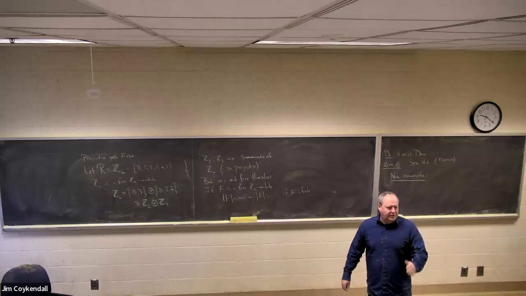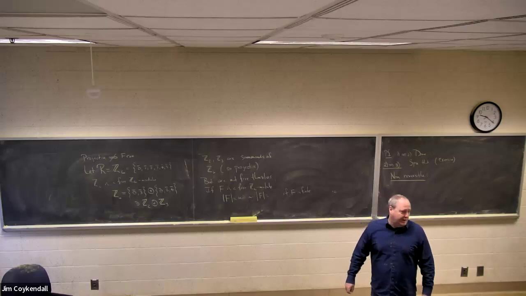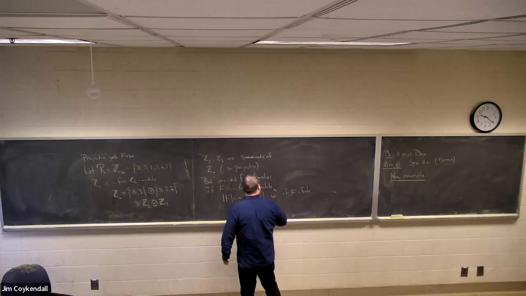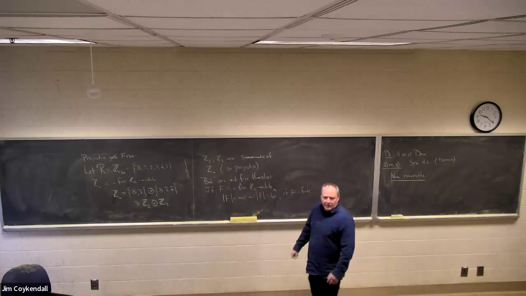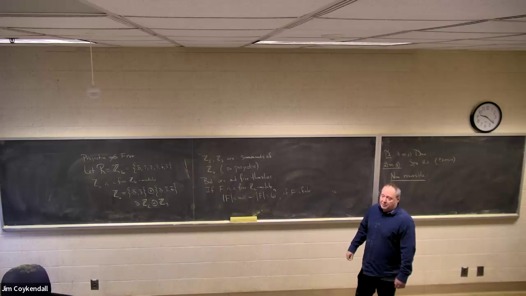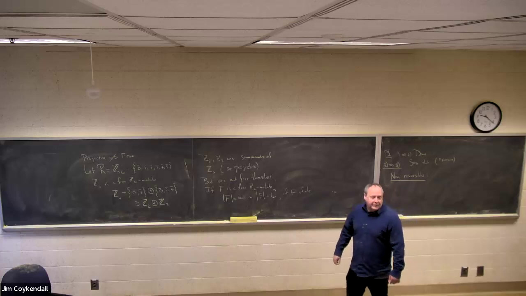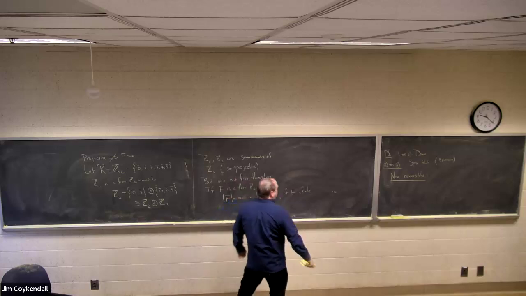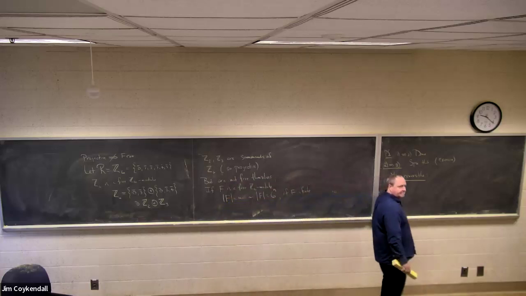Well, it's a finite number of copies of Z6, so I don't know much, but it's gotta be a power of 6. Fine. And I don't know much, but I do know that 2 and 3 are not powers of 6. Right? So they're not free, but they are summands of free, so they have to be projective. Any questions?